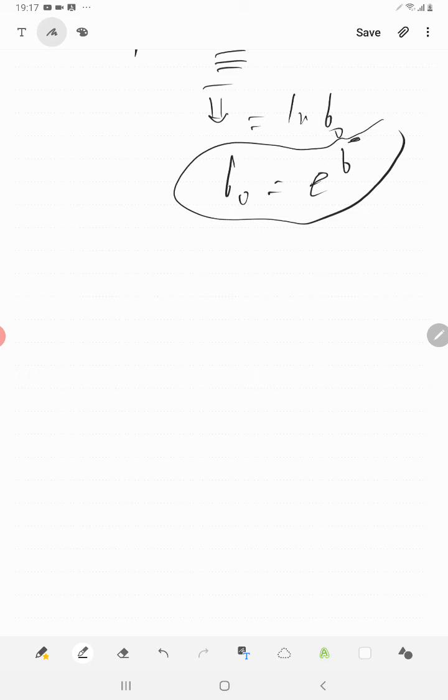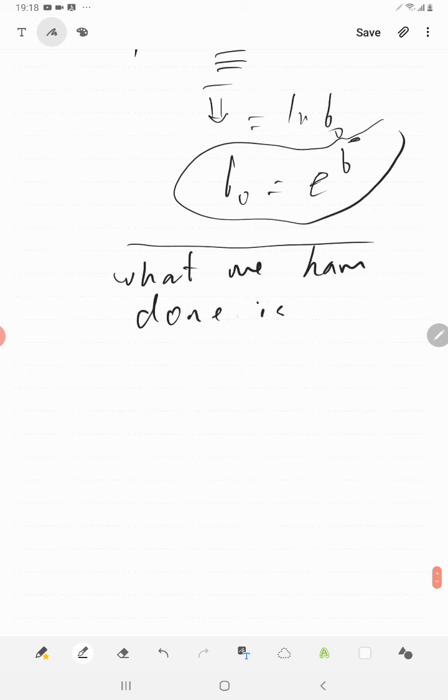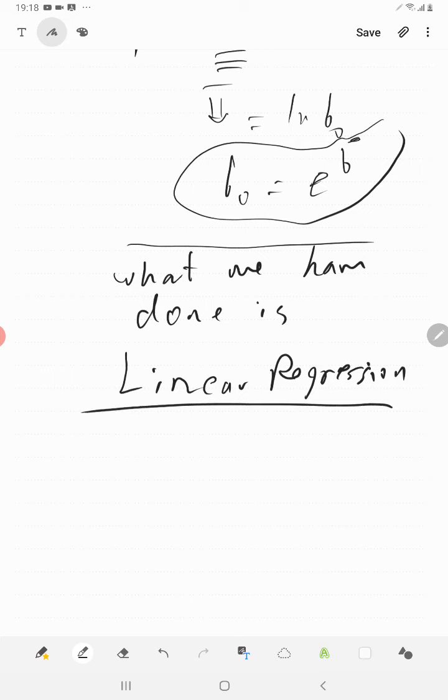I'll just write it down here. What we have done is what we call linear regression, where y equals b0 plus b1 x1 plus b2 x2 plus u. Okay?